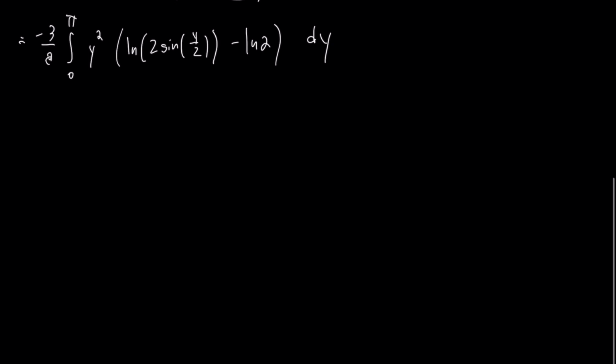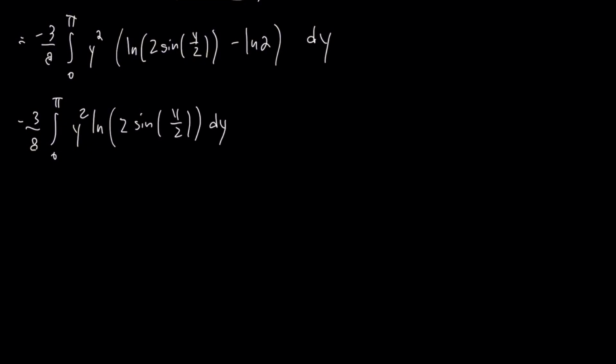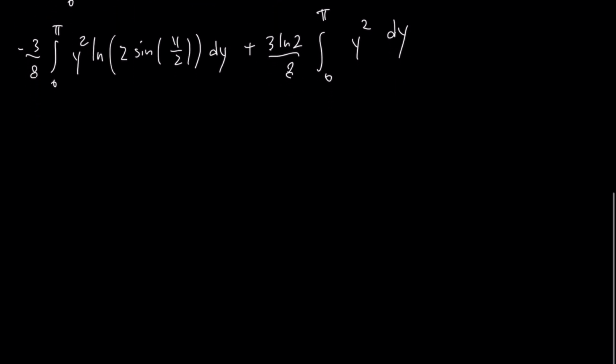dy. And distributing that and breaking apart the integral, we're going to have a negative 3 over 8, the integral from 0 to pi, y squared, the natural log of 2 sine y over 2 dy, and then plus 3 natural log of 2 over 8, and then the integral from 0 to pi of y squared dy.